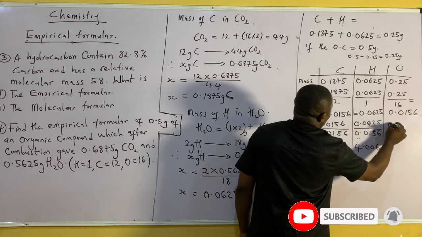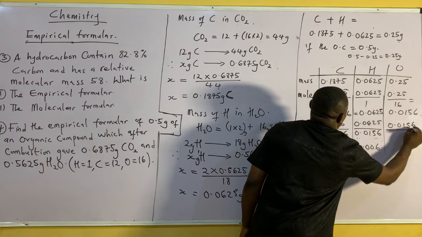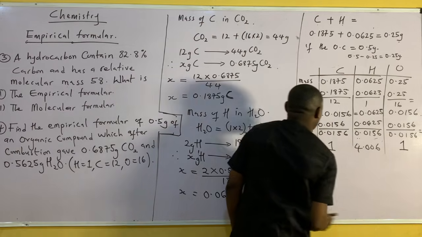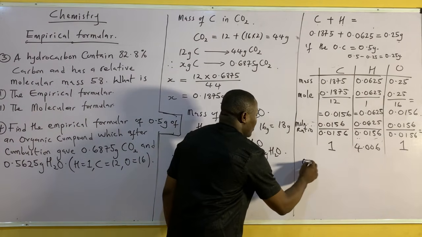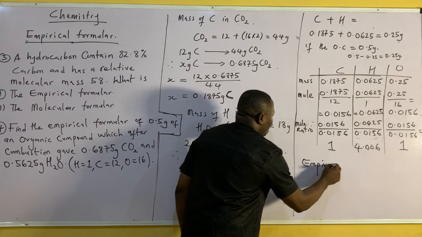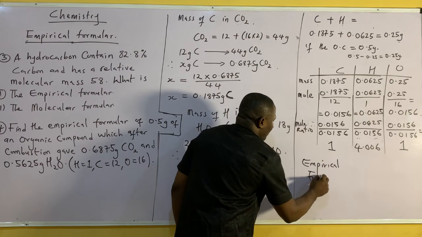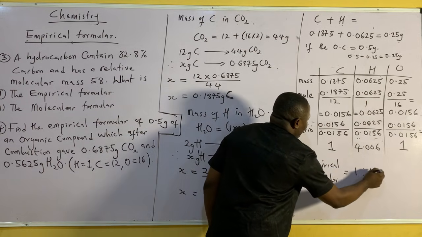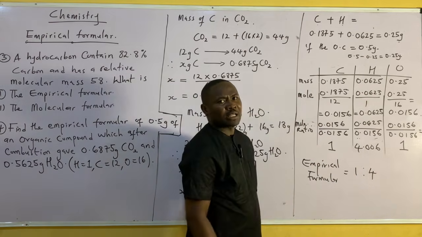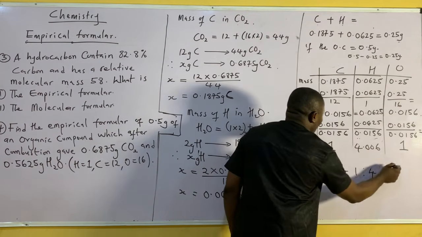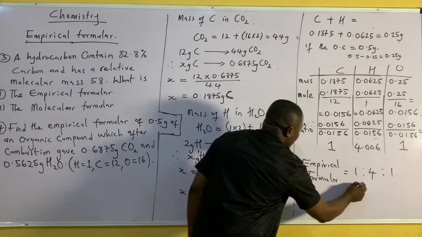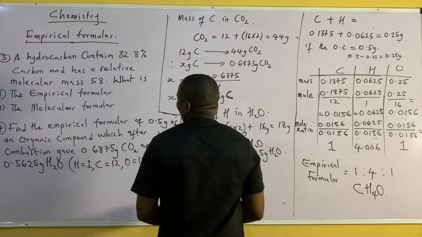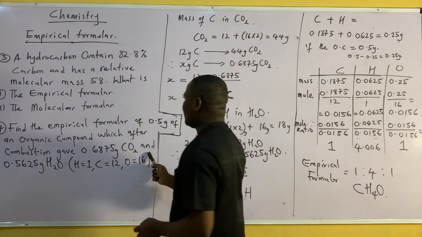Then I have 0.0156 over 0.0156, which equals 1. Now my empirical formula will be ratio 1, this is 4, then ratio 1. So it is CH4O. That becomes the empirical formula of this compound.